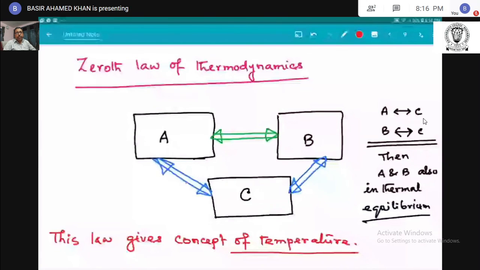That means the zeroth law of thermodynamics gives the concept of temperature.